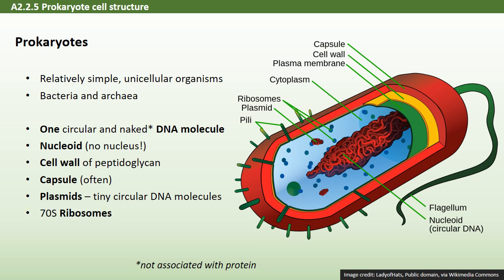They have 70 S ribosomes. The point here is that their ribosomes are different from those in eukaryotes. They have pili, which are used for different things, for example, to attach to other cells. And they have a flagellum, which allows them to move.